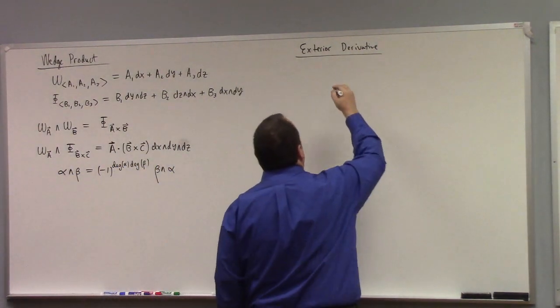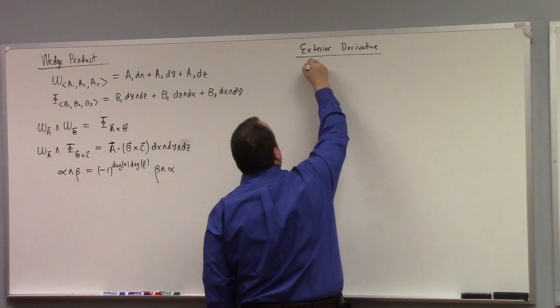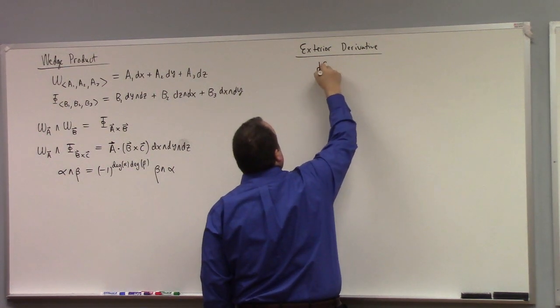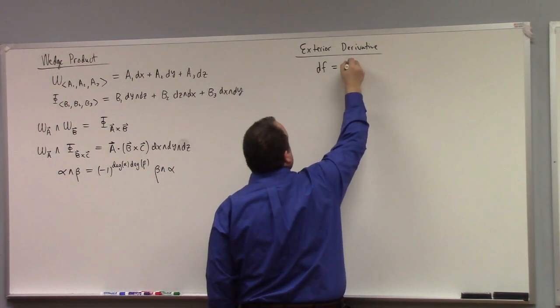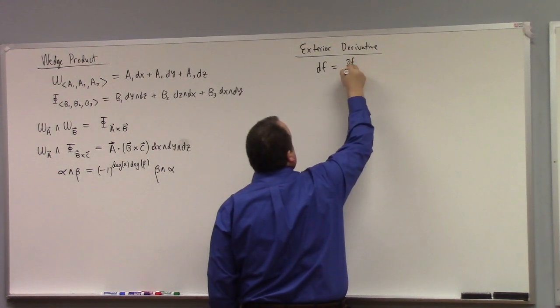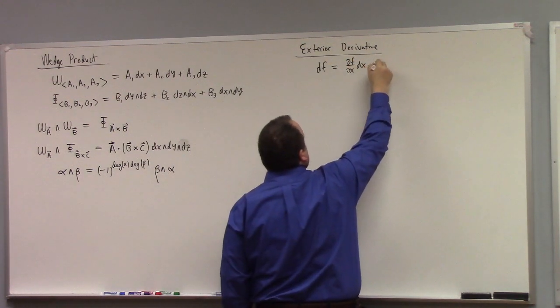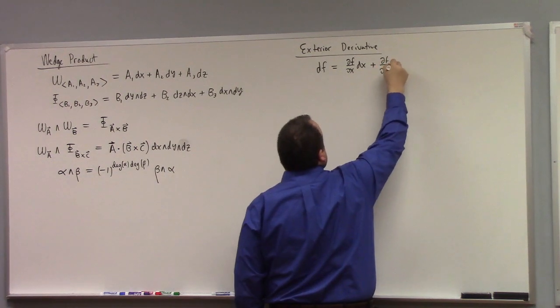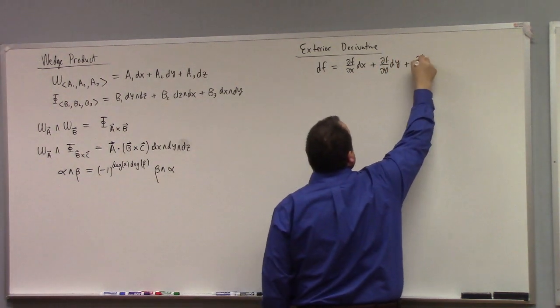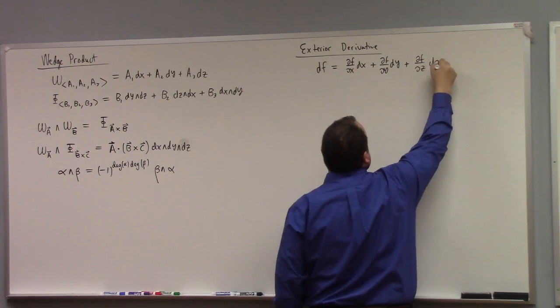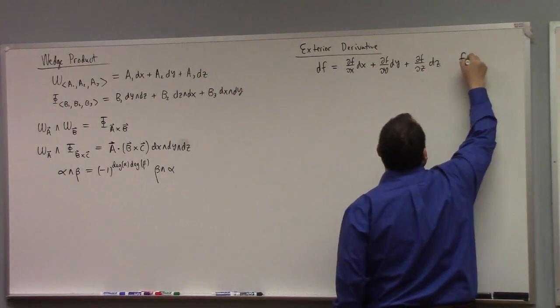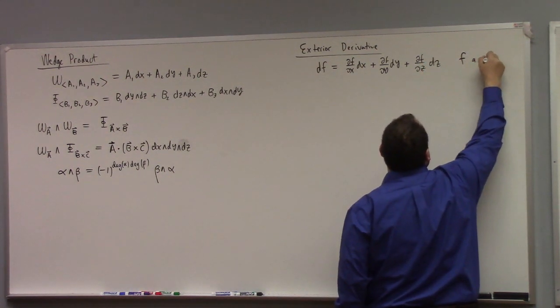So if I have a function f, df is partial f partial x dx plus partial f partial y dy plus partial f partial z dz.